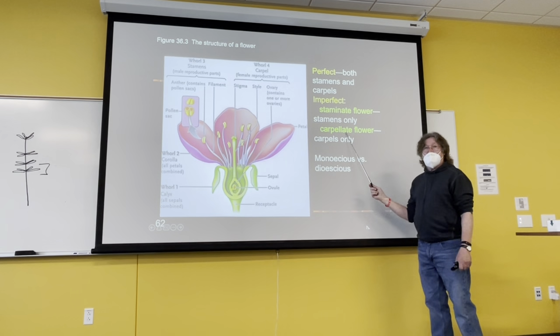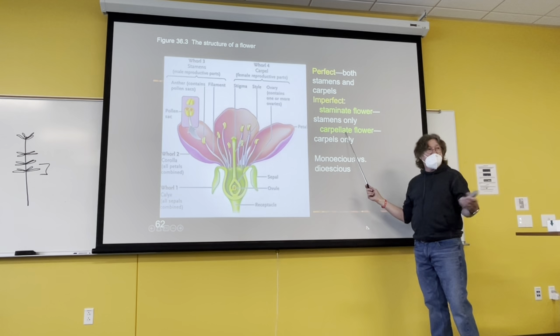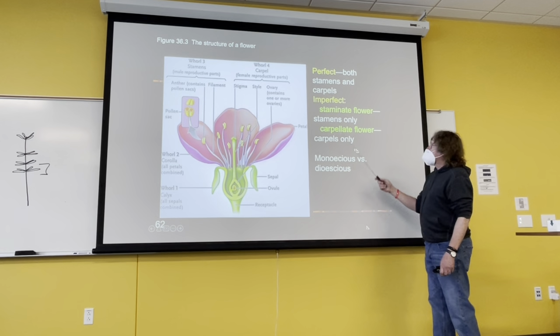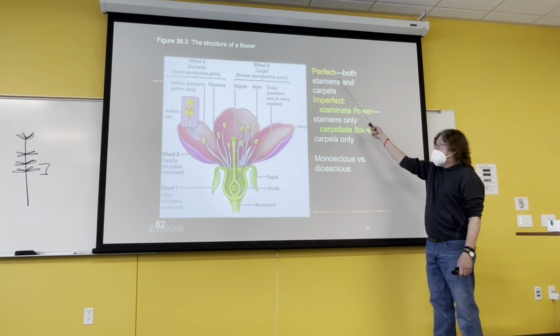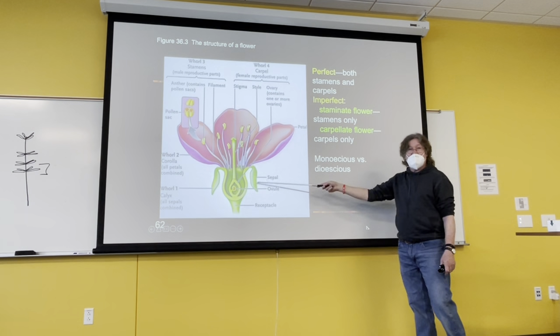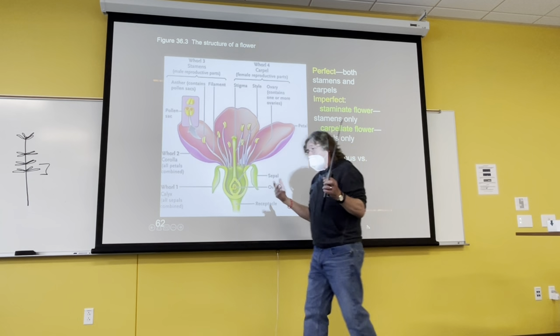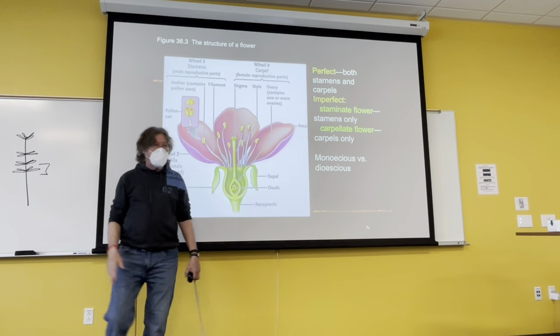A carpellate flower is incomplete because it's missing the stamens. We may have a flower that is perfect but incomplete because it might be missing the sepals. And so flower terminology can sometimes get very, very complicated.